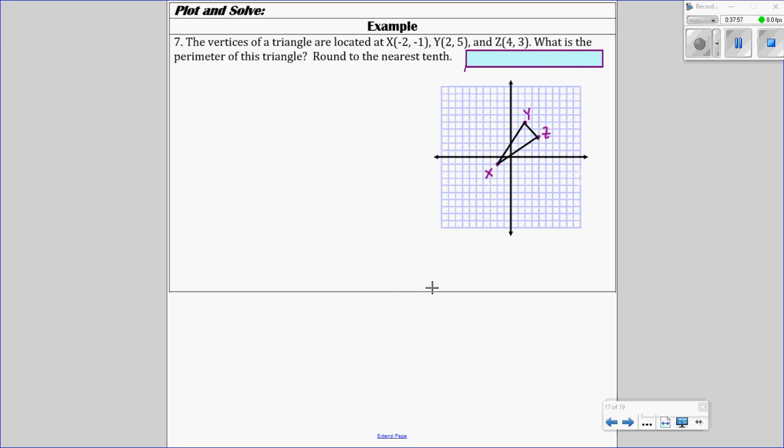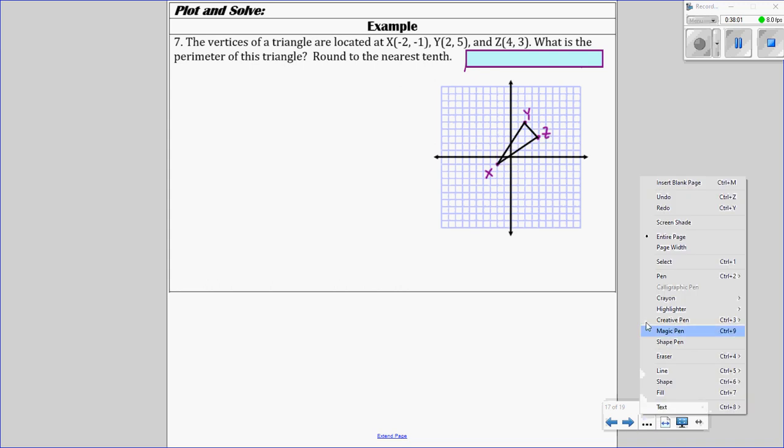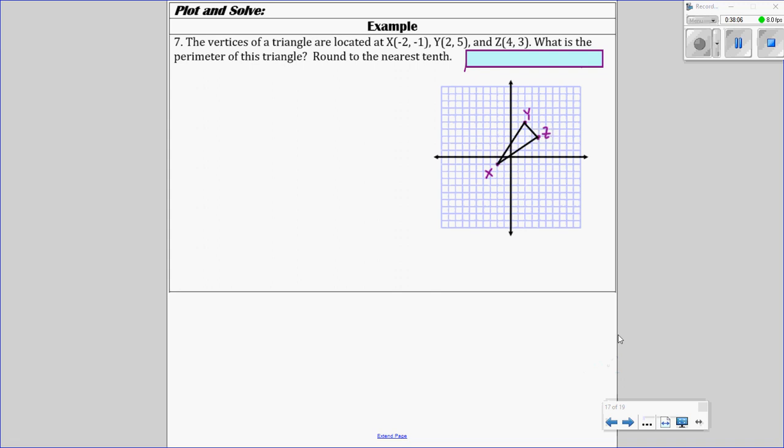So they want us to find the perimeter. Perimeter means you're adding all the sides of the shape. So now, you could use the distance formula, that d equals square root of x2 minus x1 squared plus y2 minus y1 squared. That's one way for each of them.